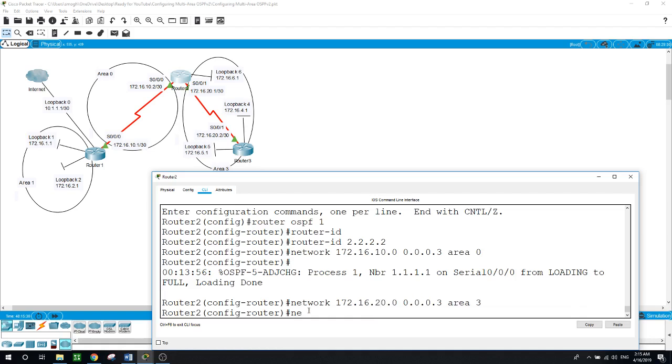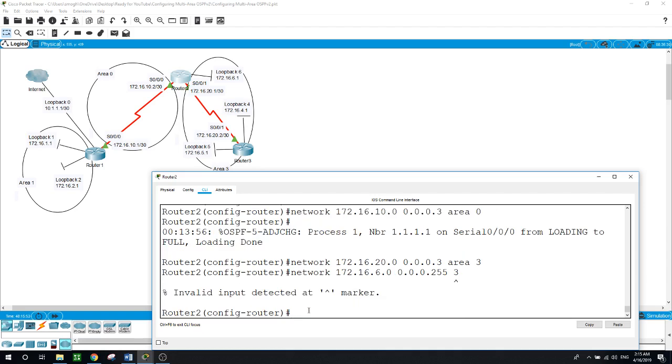Now the loopback network of 172.16.6.0 with this inverse subnet mask, and the loopback 6, this is in area 3. Sorry, area 3.